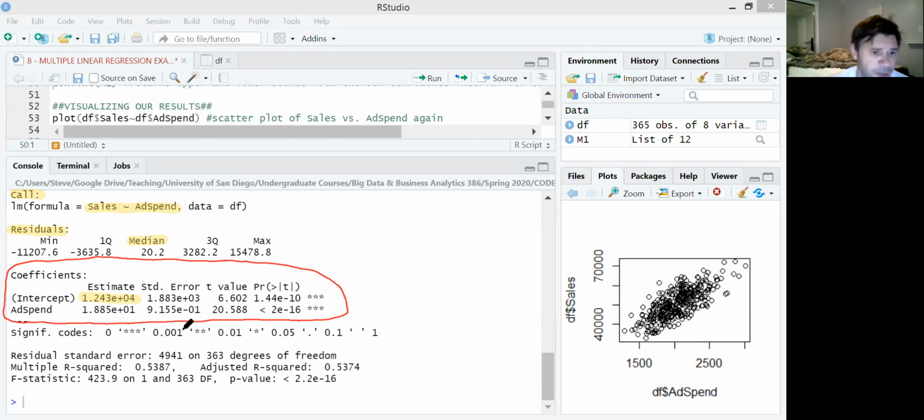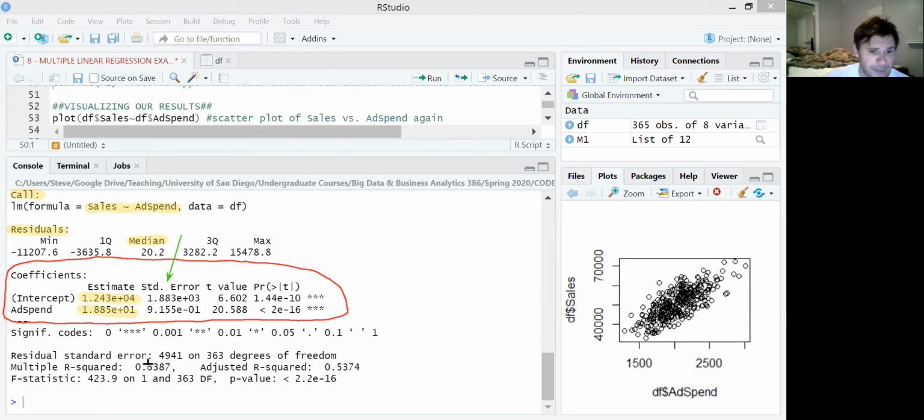That's the intercept value in our model. And we also can see the slope parameter on ad spend is 1.885 times 10 to the 1, or about 18.85. And what that suggests is that when ad spend goes up by 1 unit, sales goes up by about 18.85 units on average.